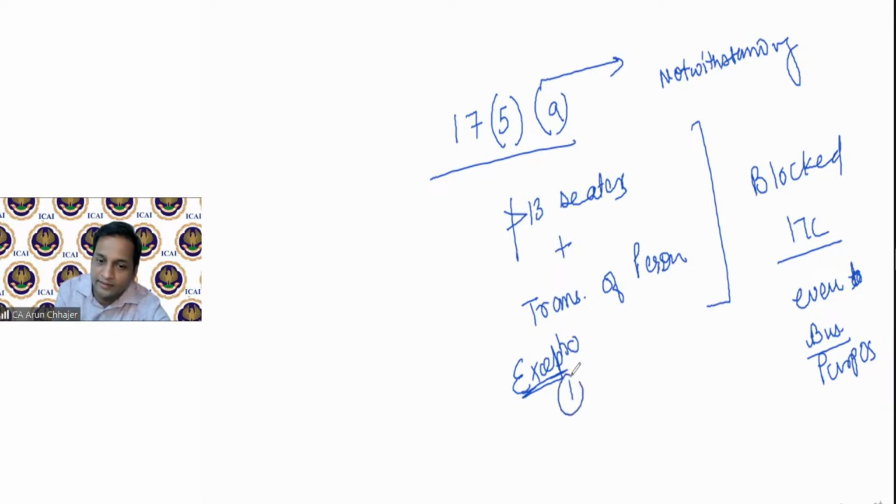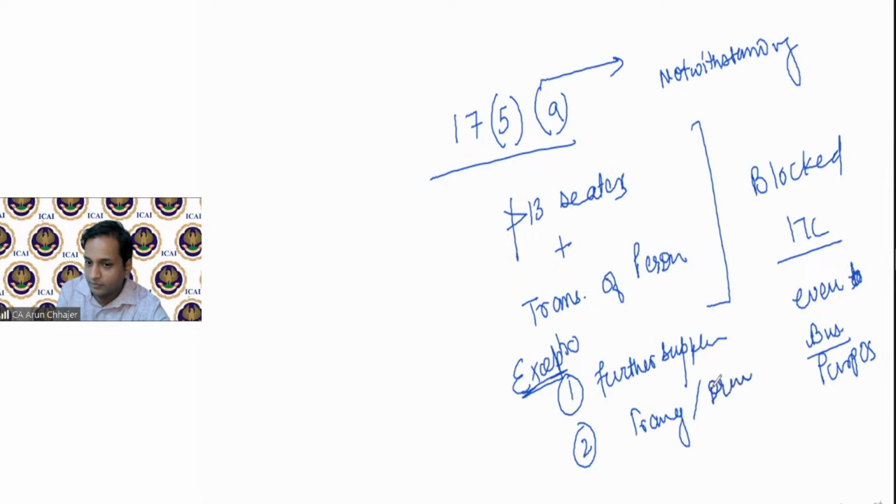If it is for further supply, if it is for training or driving, or motor vehicle... I have forgotten one. Can you please help me recall? There are three exceptions, but I have forgotten one. Further supply, training or driving, and the third one is, what was the third one? Yes, transportation of passengers.